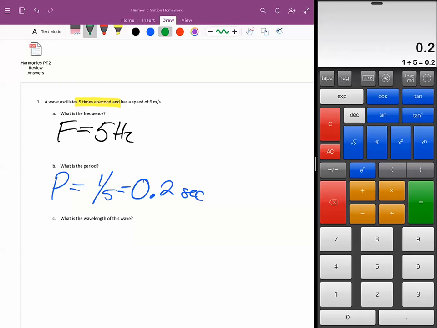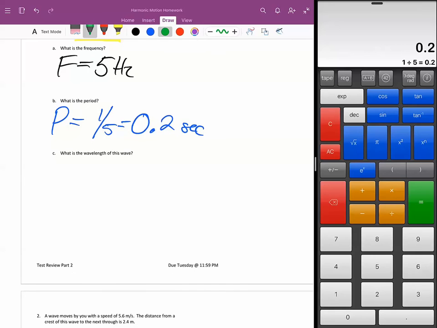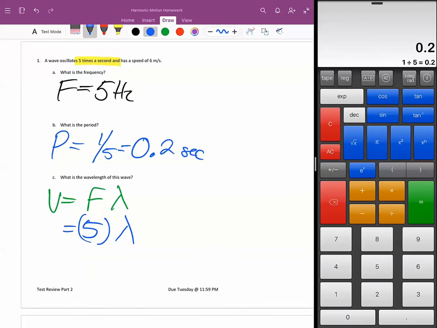Now in regards to wavelength, the equation is speed equals frequency times wavelength. You already have the frequency of 5. You're solving for wavelength, and your speed is 6 meters each second.